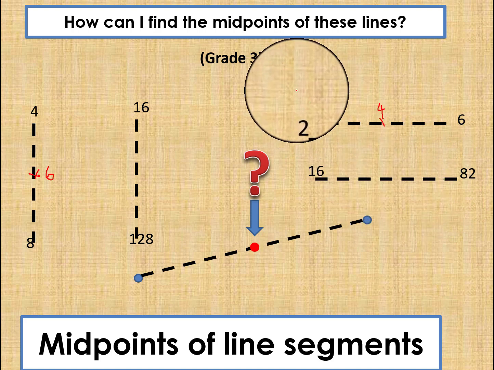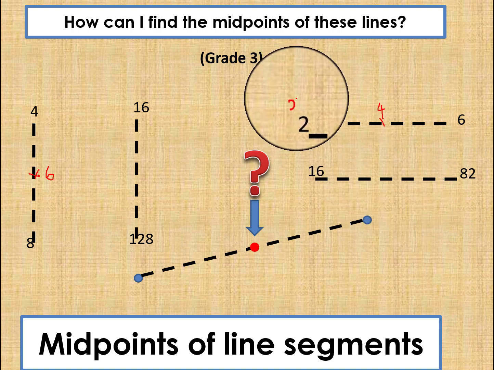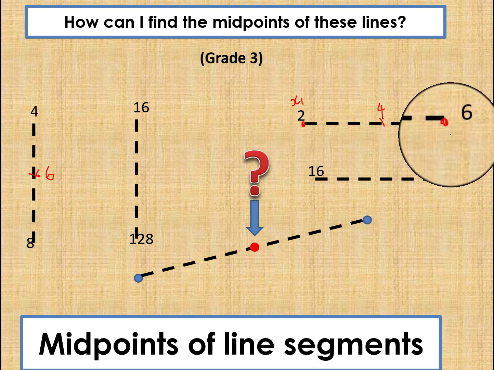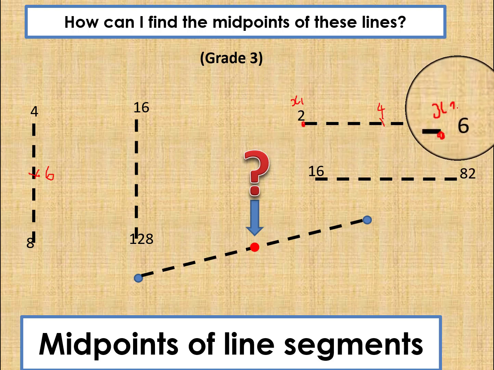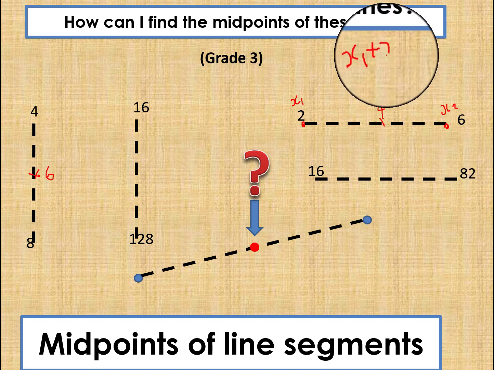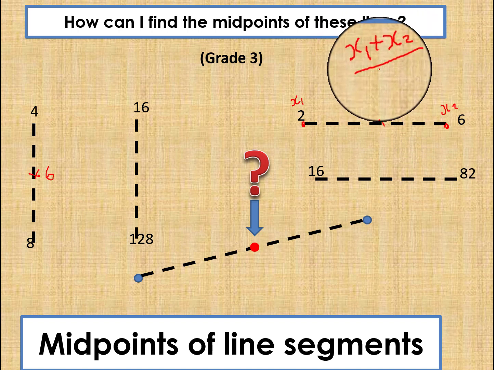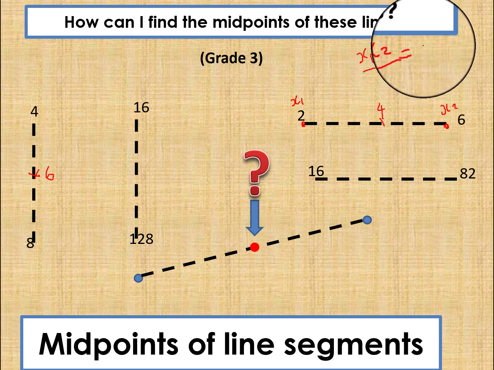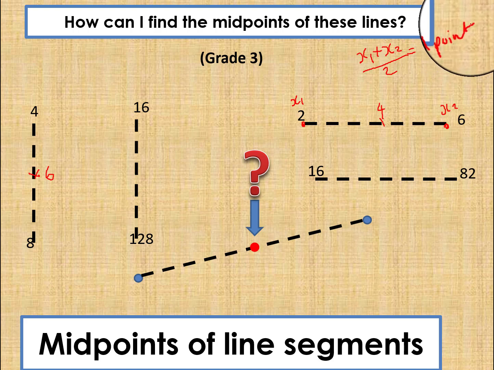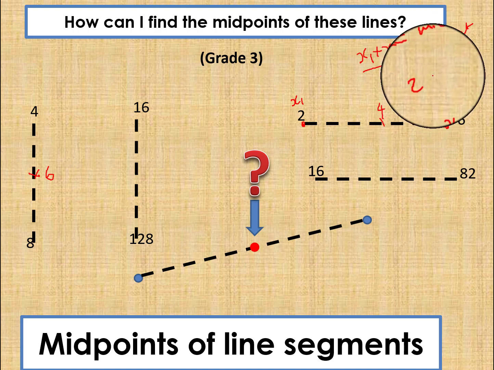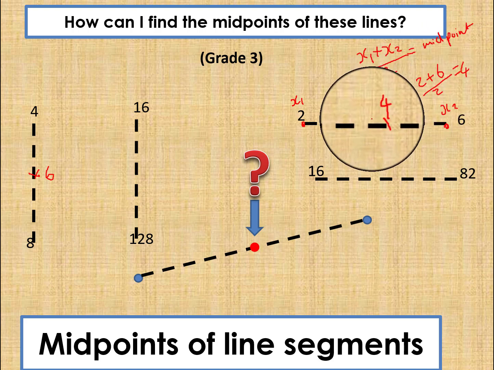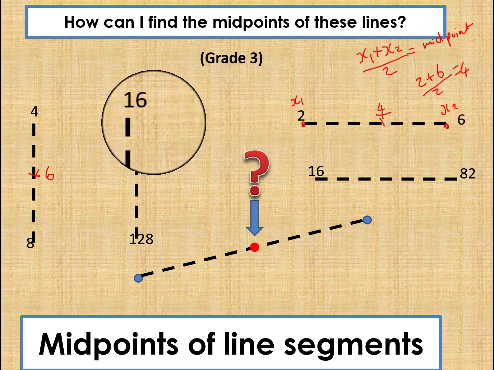Now, I'm going to show you, if we call this the first x coordinate, and call that the second x coordinate, if you do x1 plus x2 divided by 2, you will get the midpoint. And you can see that because 2 add 6 divided by 2 equals 4. That's how we got that.